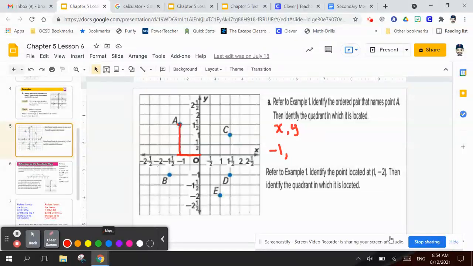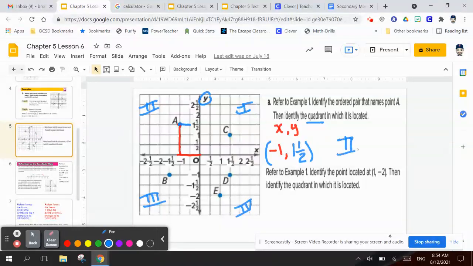From here, I'm going to draw a line to the y-axis, and it's at 1.5. So there's my address, -1 and up 1.5. So which quadrant is that in? Well, if you remember, 1 is here, 2, because we have to go counterclockwise, 3, and 4. We are in quadrant 2.